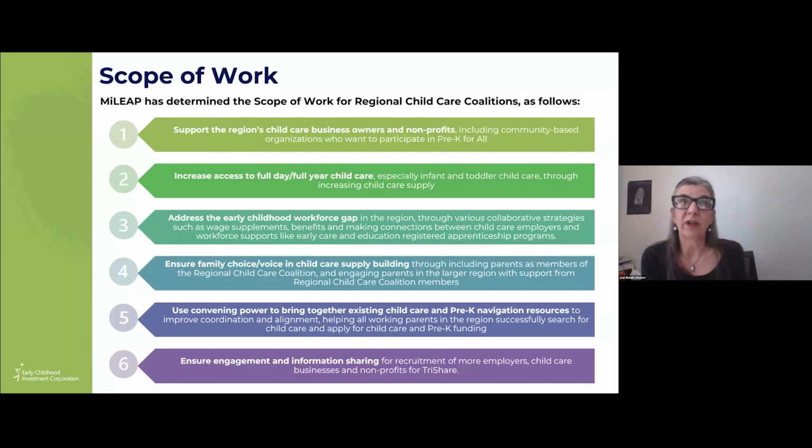And so one of the things that we will begin working on in this initial period of performance is what does it look like to improve the coordination alignment between existing childcare and pre-K resources in the regions? And how can we make those childcare and pre-K resources work better for the primary customer, which is parents of young children?